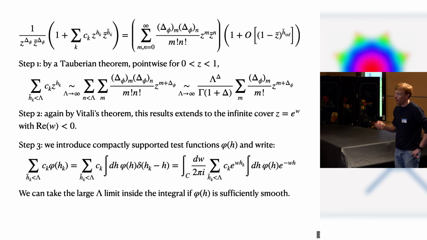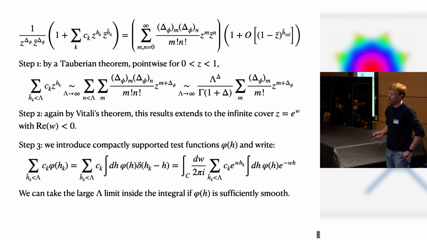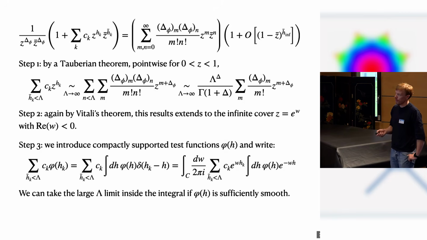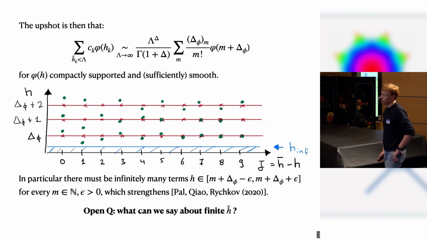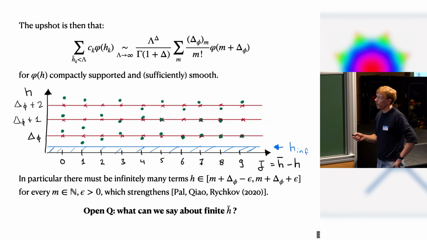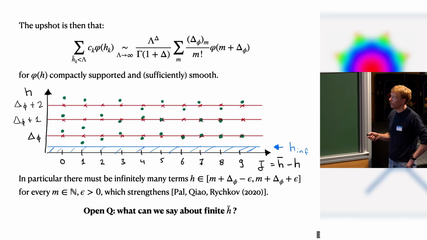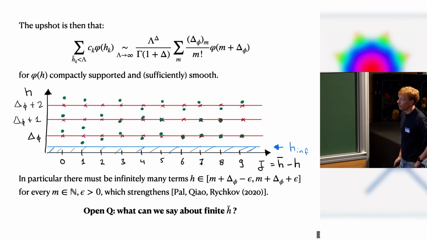Thanks. And so you can take the large lambda limit inside the integral, and you get a prediction that says that the large lambda limit of this is equal to the right-hand side. And phi of h should be compactly supported and sufficiently smooth.